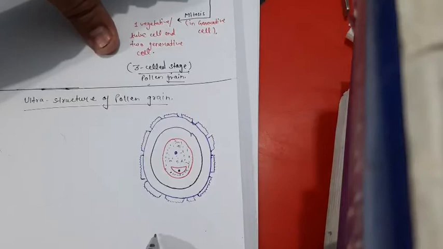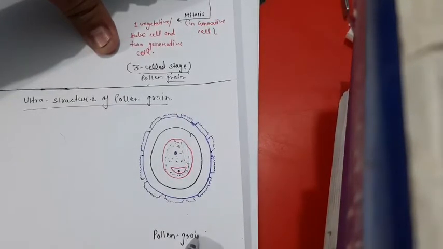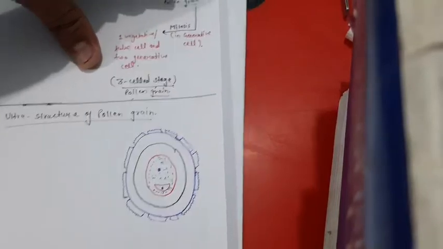Friends, this is the ultra structure of pollen grain. Now friends, we will label each and every part.